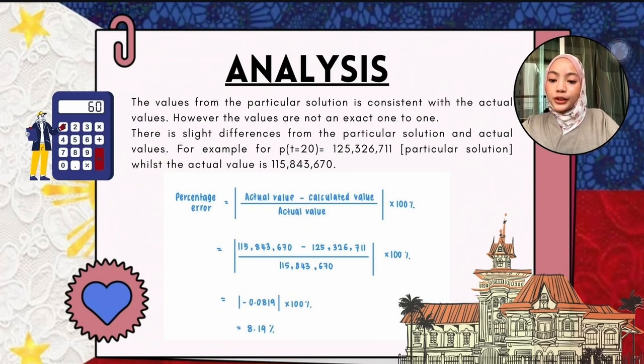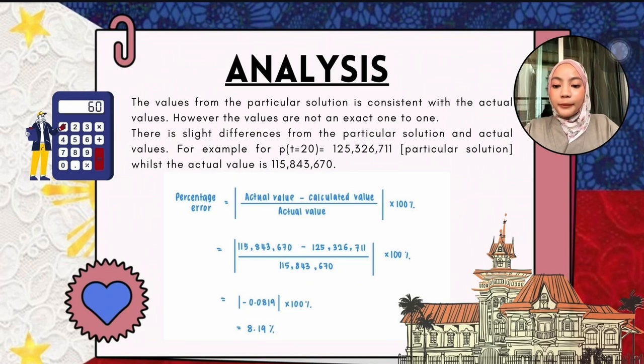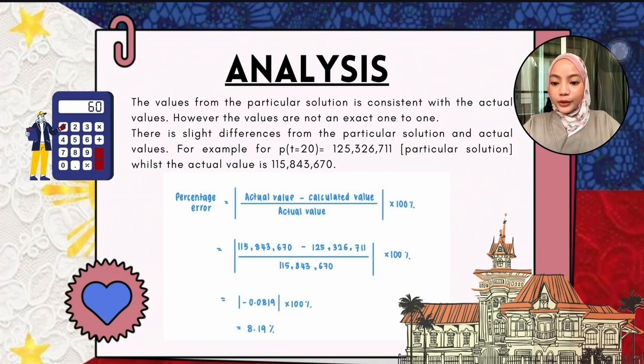When we substitute the value into the particular solution formula, we got the value of 125,326,711, whilst the actual value of year 2024 from the table of population growth in the Philippines is 115,843,670. So to calculate the percentage error, we use the formula of actual value minus calculated value over actual value times 100%. And we got the percentage error of 8.19%.